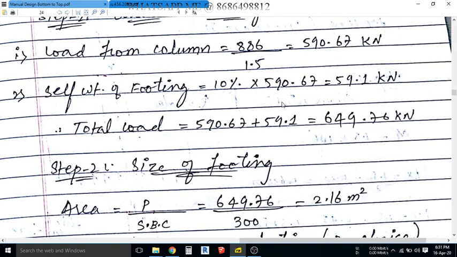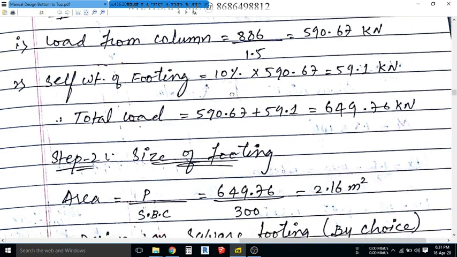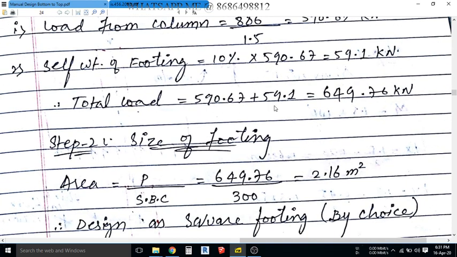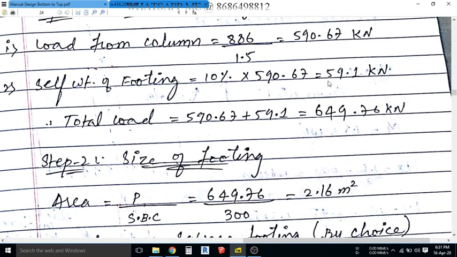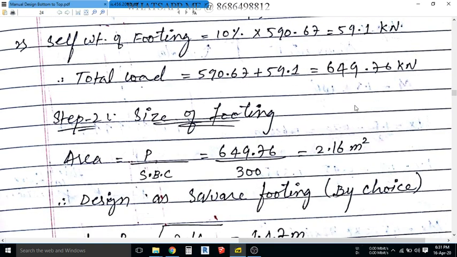Then the next thing is we need to calculate the self weight of the footing, and for doing that you have to take 10% of extra load, and you can see how we increase that by 10% here, and then we get that 10% load and the working load, and we get the total.